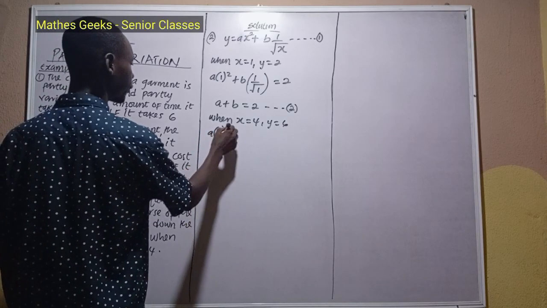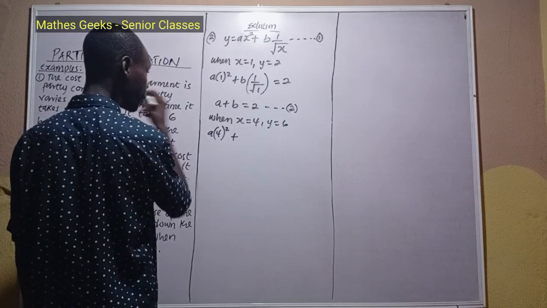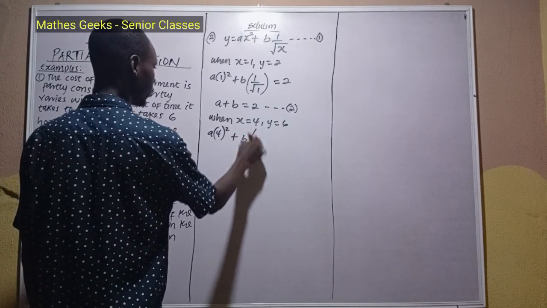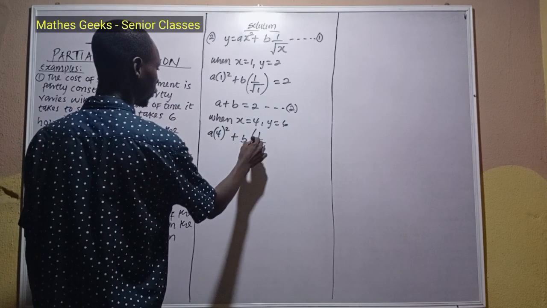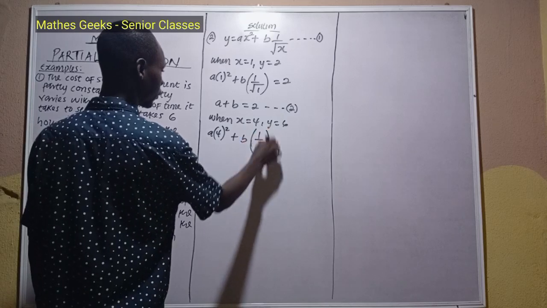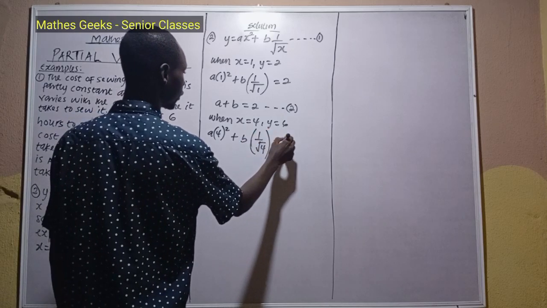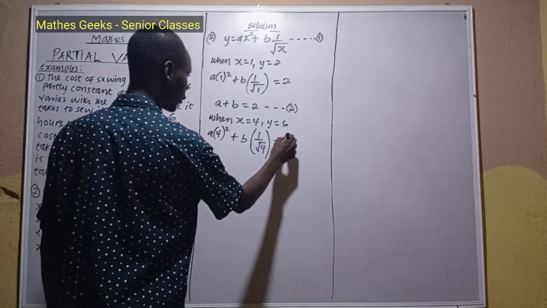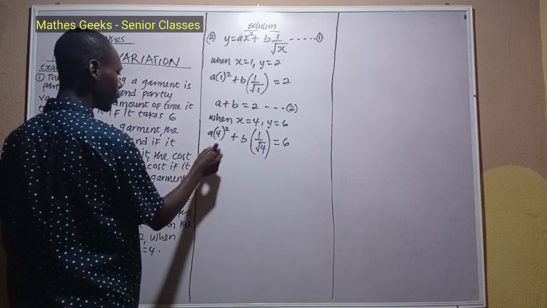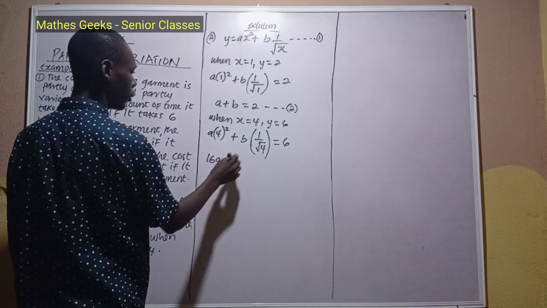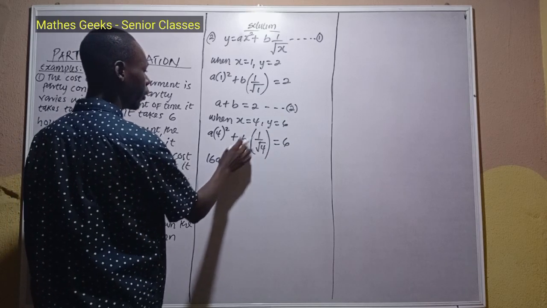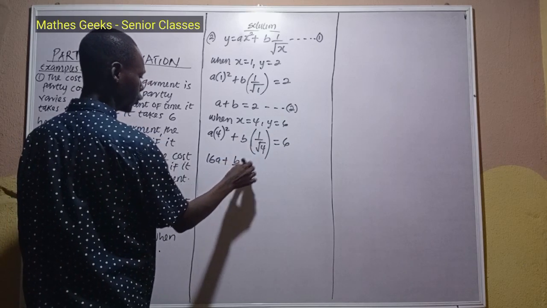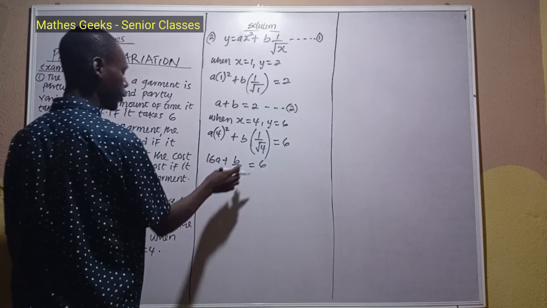When x is 4 and y is 6, we're going to have a times 4 squared plus b times 1 over root 4 is equal to 6. So 4 to the power 2 is 16a, plus root 4 is 2, so that's b over 2, equal to 6.